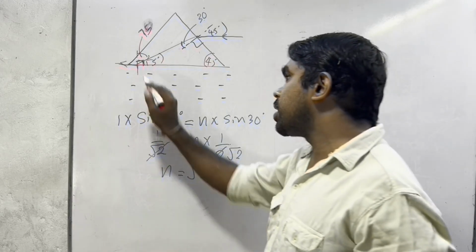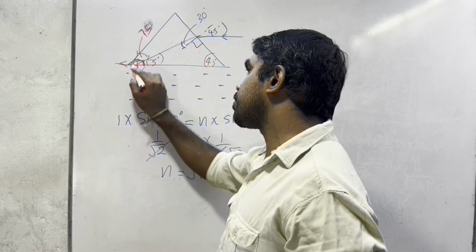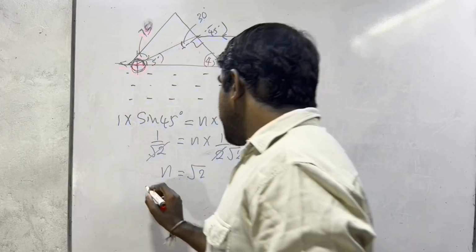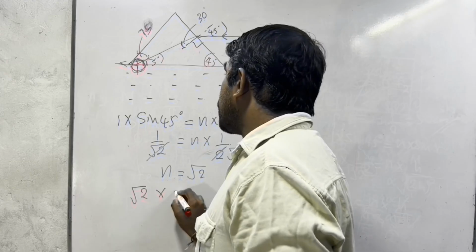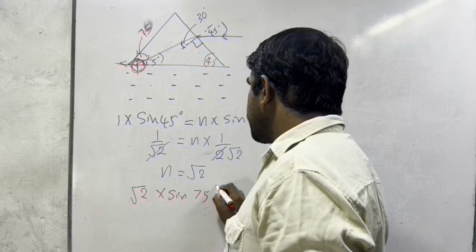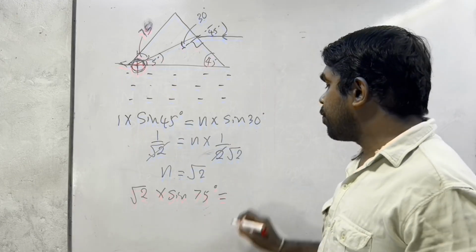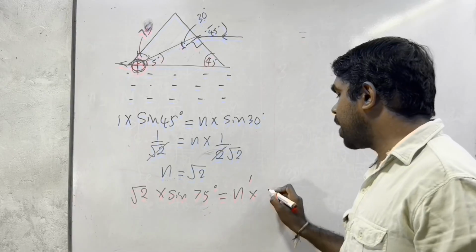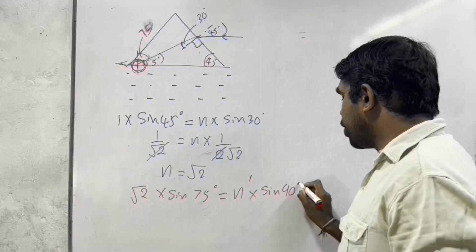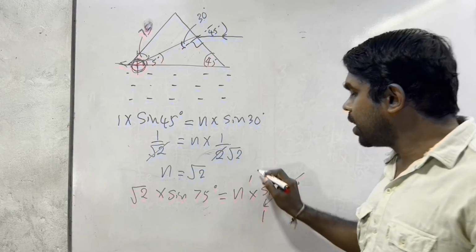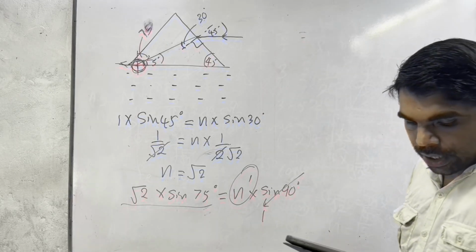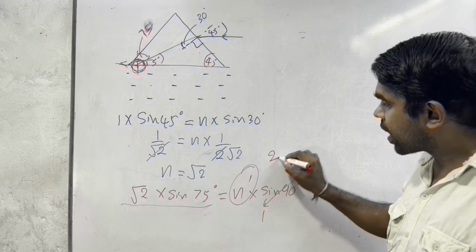Then we can use Snell's law for this point. Refractive index root 2 into sine 75 should be equal to the refractive index of this liquid n dash multiplied by sine 90. We know that sine 90 value is 1, then n dash is equal to root 2 sine 75. Then we can obtain the second one is the correct answer.